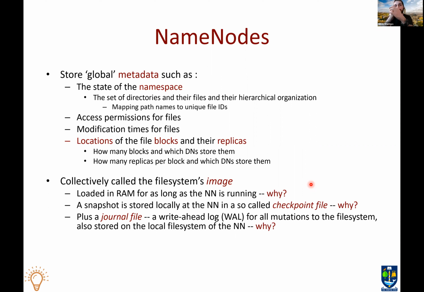The mapping of names to blocks is probably a hash map plus linked list and things like that. This structure is not really easy to translate to a log. So we need the log, and this is what the journal file is. The journal file is exactly the write-ahead log for the file system image. It's also stored on the local file system of the name node for the same reasons.